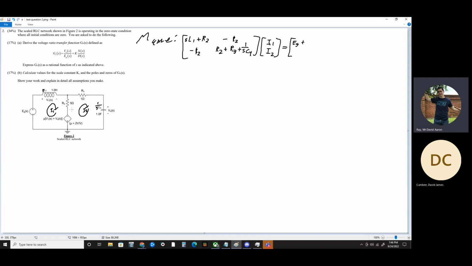Again, the positive points in this direction for the dependent source, and our current points in the same direction, so it's positive: plus mu times V1 plus V4. Looking at I2, its current runs against the positive direction the dependent source is pointing, so it's going to be negative mu times V1 plus V4.